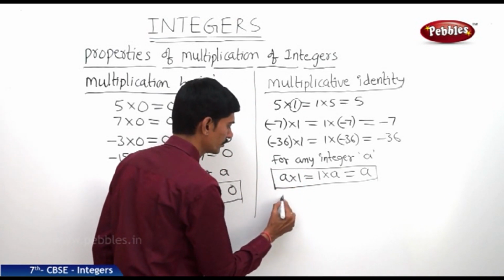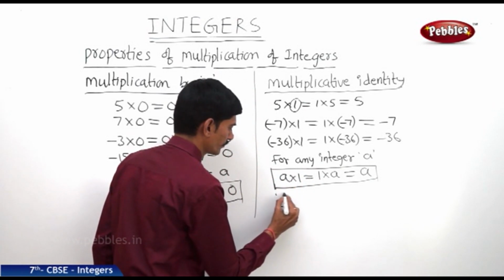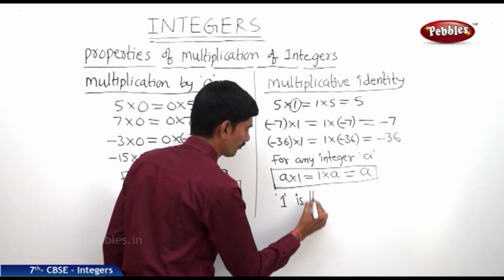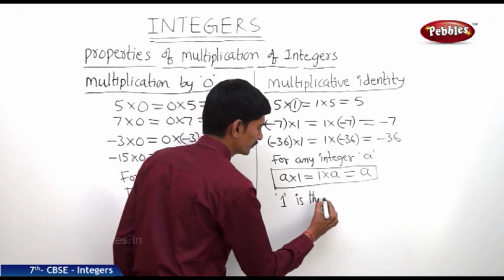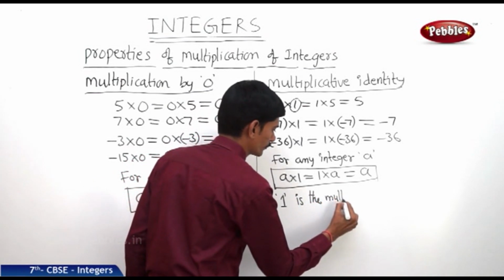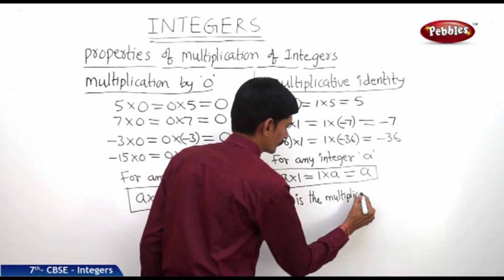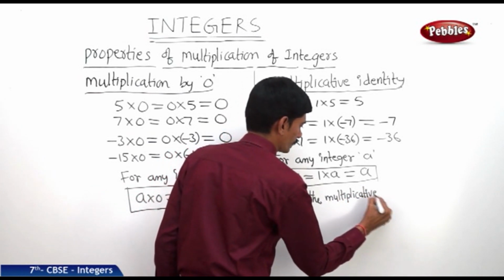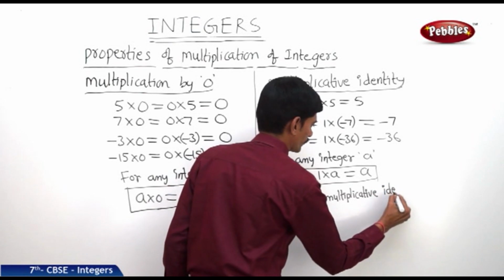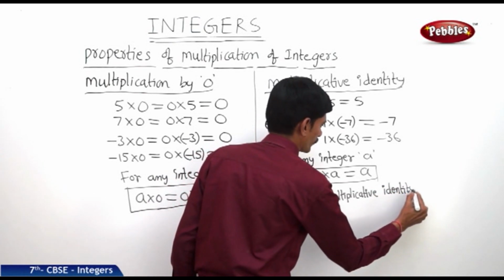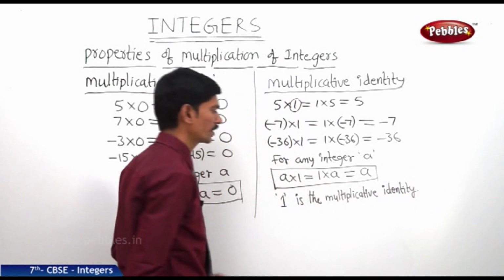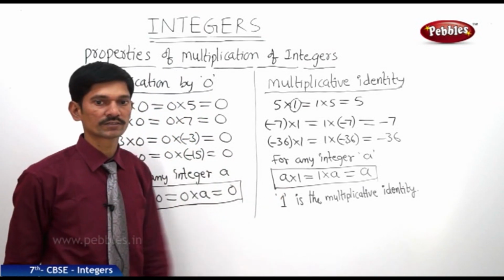Here 1 is the multiplicative identity for integers.